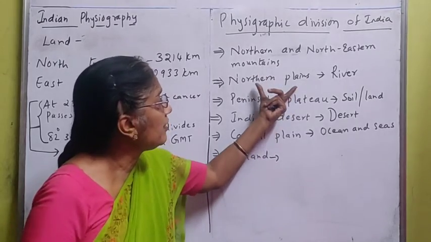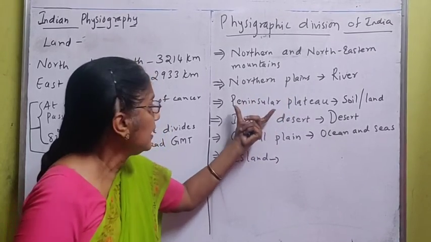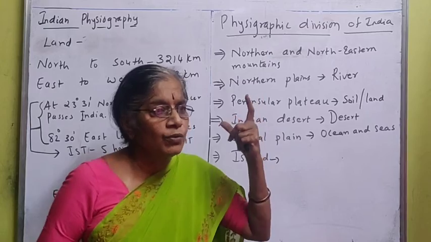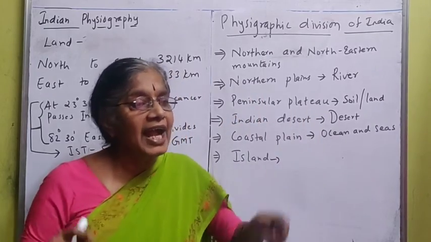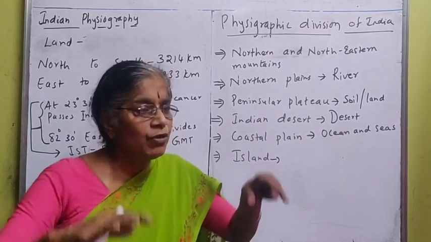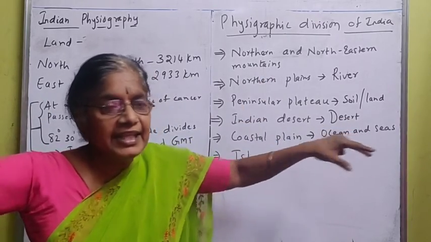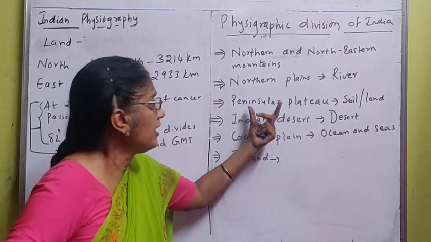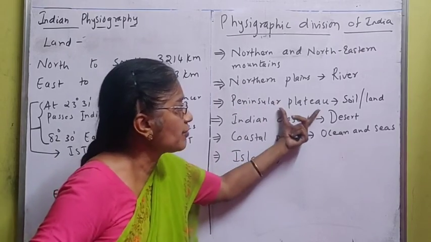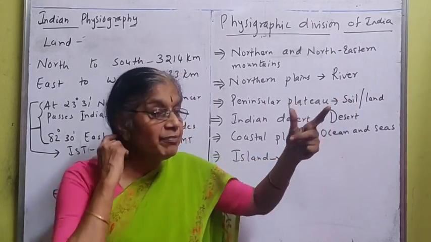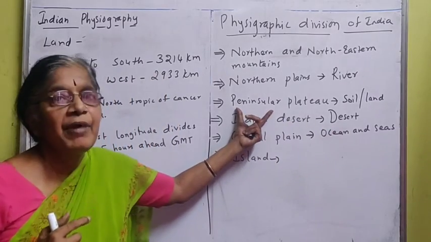These are the important rivers which make the northern plains. Then peninsular plateau, where soil and land are there. Plateau is nothing but what we call a tableland. A flat land above the sea level is what we call a plateau, that is tableland. In this peninsular plateau, soil and land play a very important role.